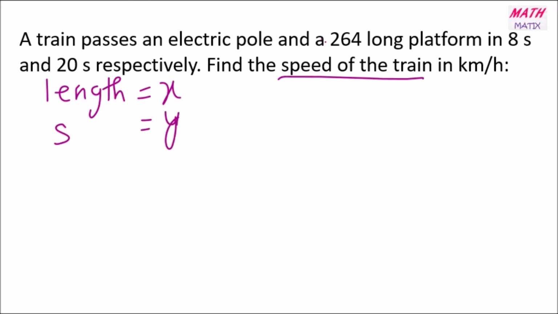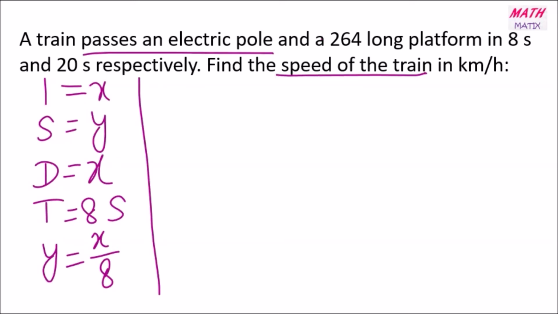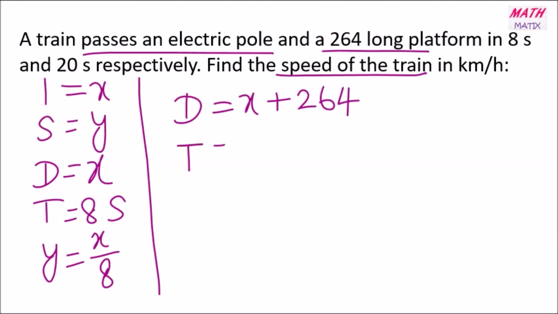In the first case, the distance is x only because it's crossing an electric pole, and the time is 8 seconds. So we can say y is equal to x divided by 8. In the second case, the distance is the length of the train x plus 264, the length of the platform, in time 20 seconds.